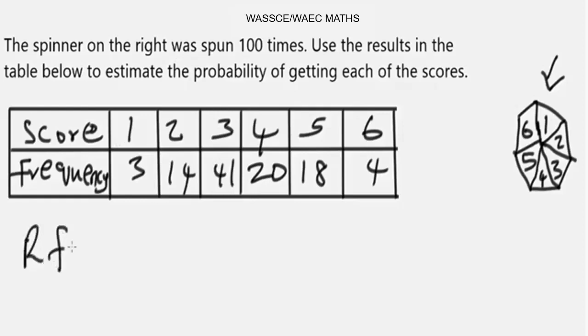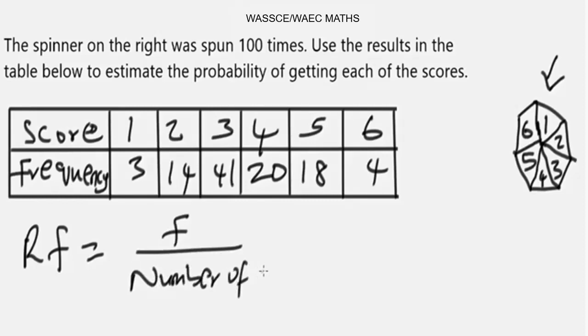RF equals frequency over the number of times you tried the experiment. Note that you can use the relative frequency of a result as an estimate of its probability. For us to use the results in the table to estimate the probability of getting each of the scores, we need to apply this relative frequency formula.